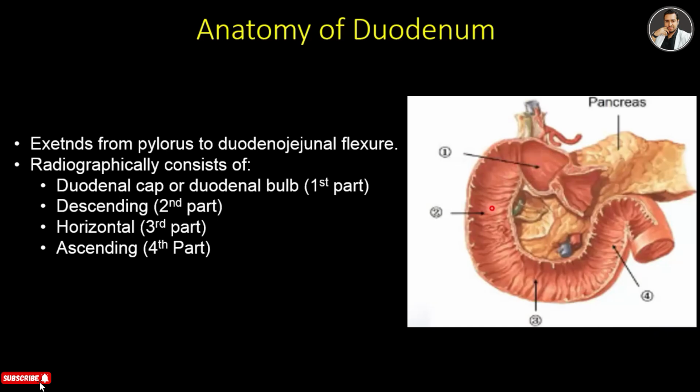And this is the second part, and it's called the descending part of the duodenum, and this is the horizontal part of the duodenum, and it's called the third part. And again the ascending part, and this is called the ascending part or fourth part. So this was the concept of the anatomy of the duodenum.